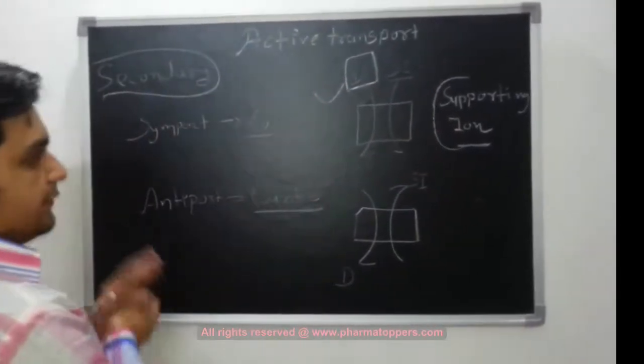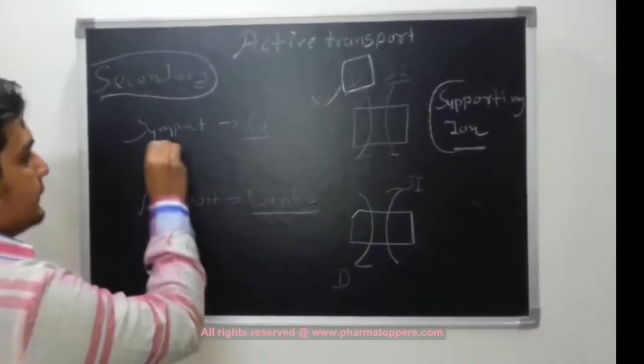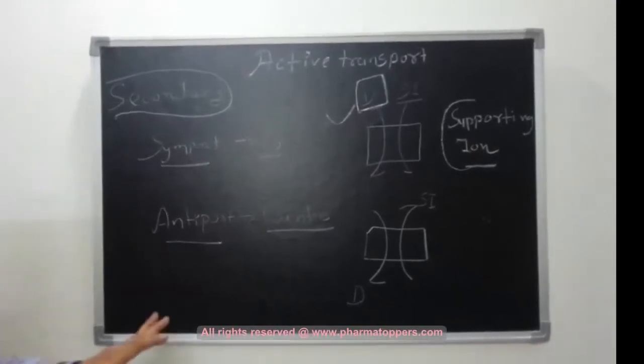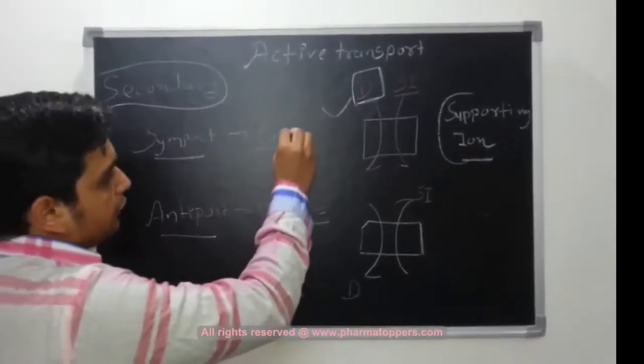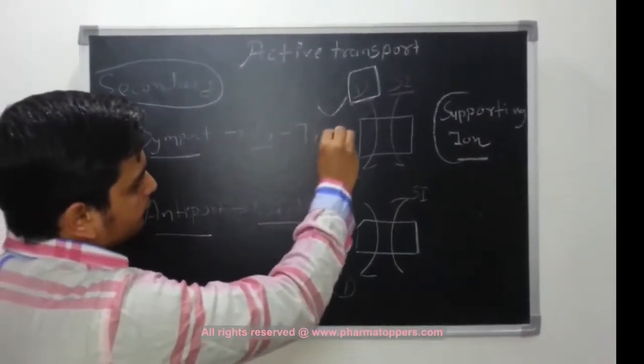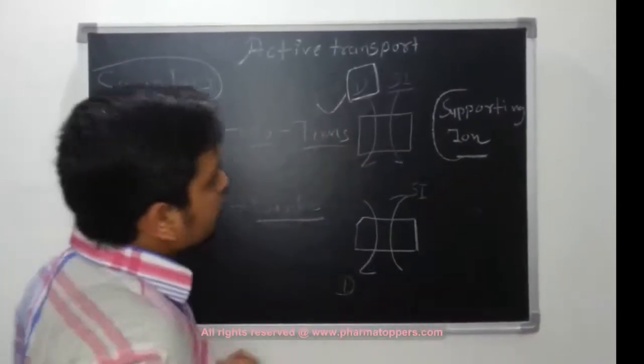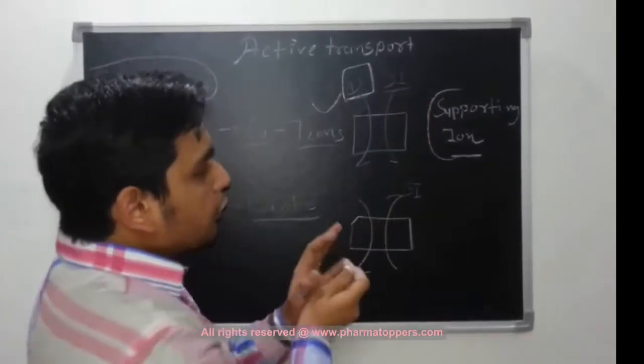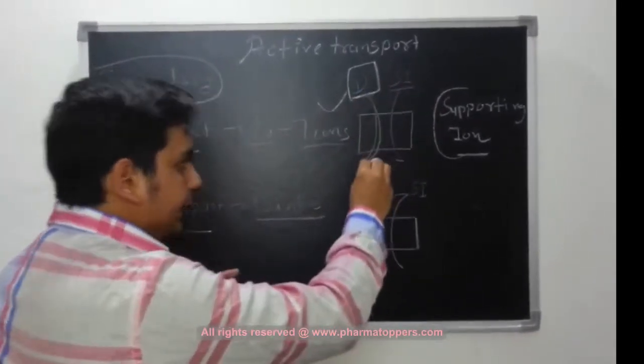It is divided into two parts: symport and antiport. Co and counter; these two words, co-transport. Co-transport means the drug molecule and the supporting ion both move in the same direction.